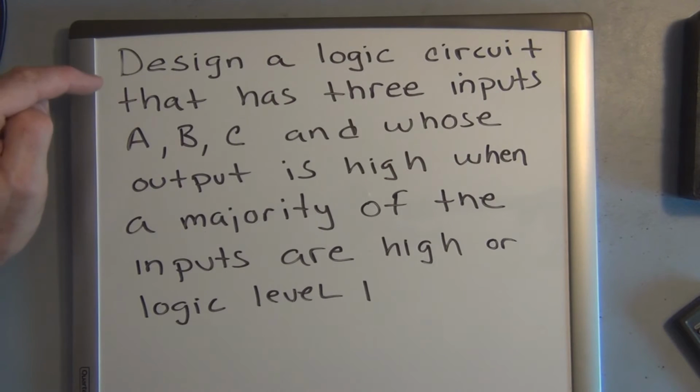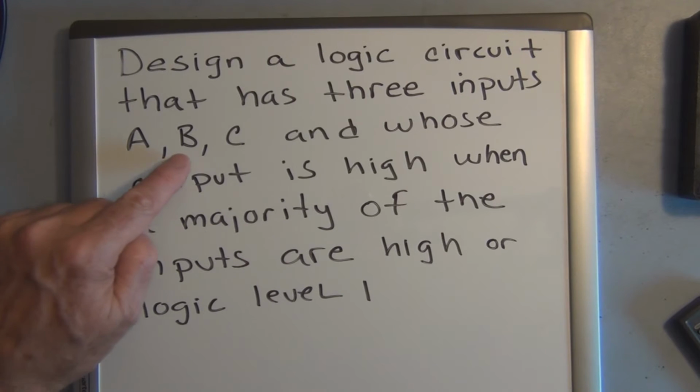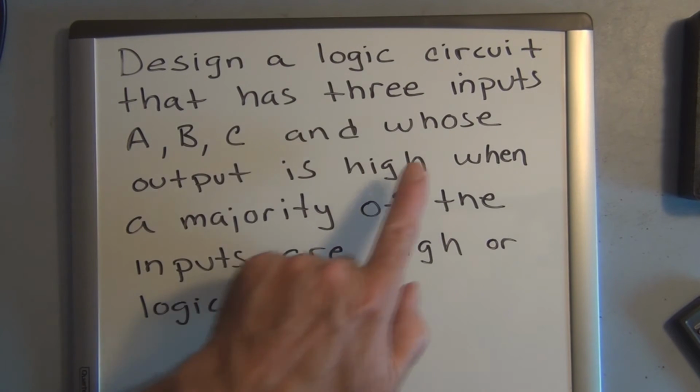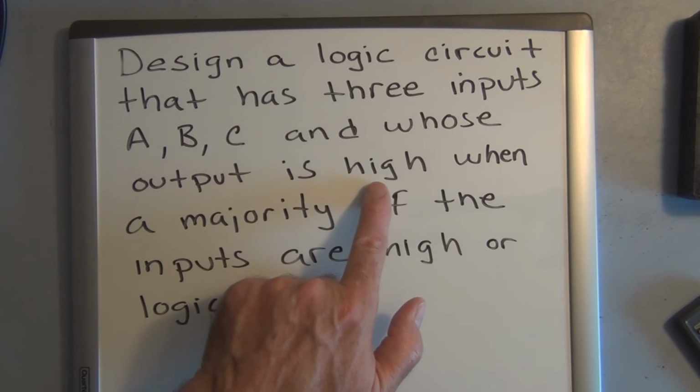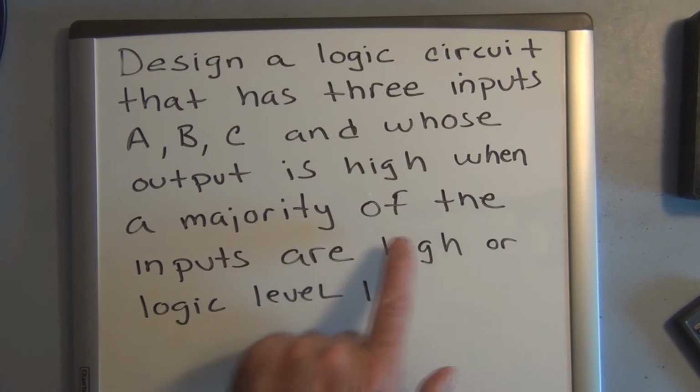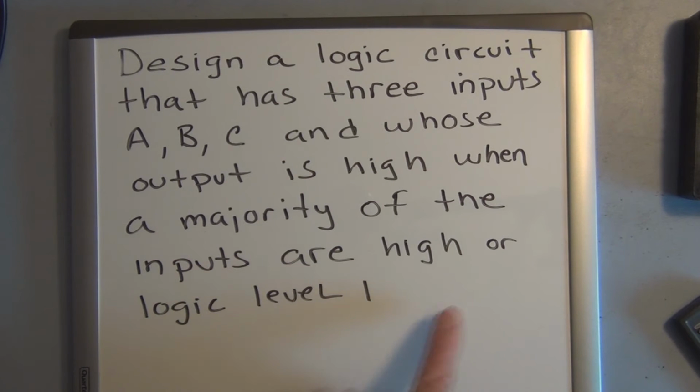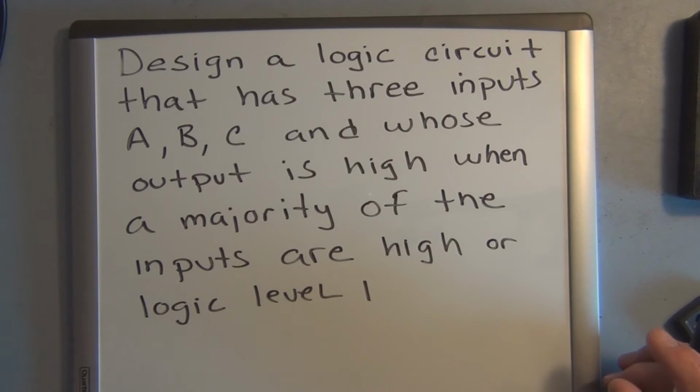So say we want to design a logic circuit that has 3 inputs, A, B, and C, and whose output is high, or logic level 1, when a majority of the inputs are high. So we have a circuit with 3 inputs, and when the majority of the inputs are high, we want X, the output, to be high.